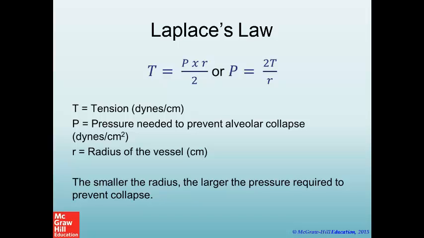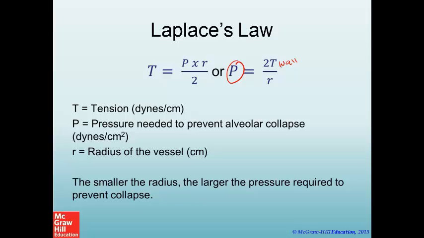Now, this collapse is governed by another physical law called Laplace's law. And Laplace's law basically says that the pressure that you need to prevent collapse of a cylinder or sphere is equivalent to 2 times the tension on the wall of the sphere or the cylinder over the radius.